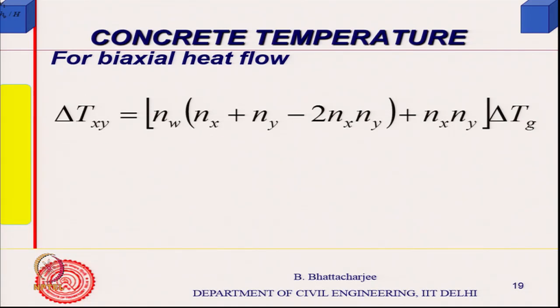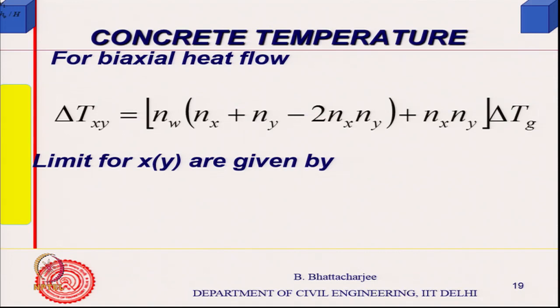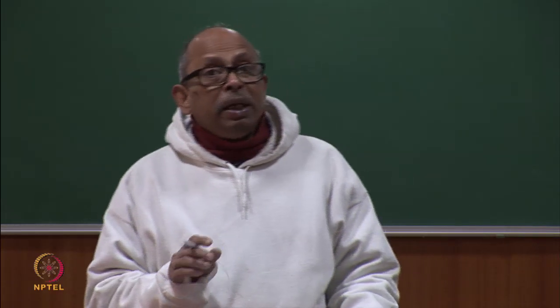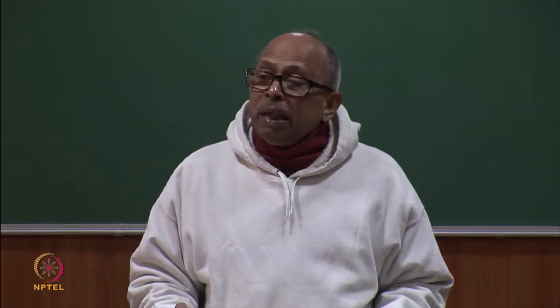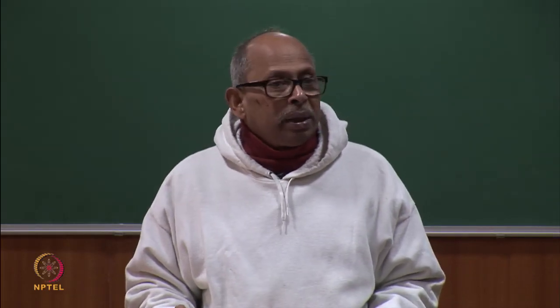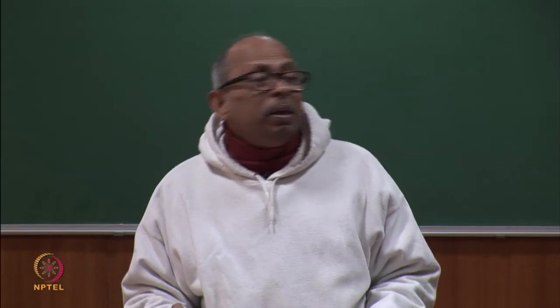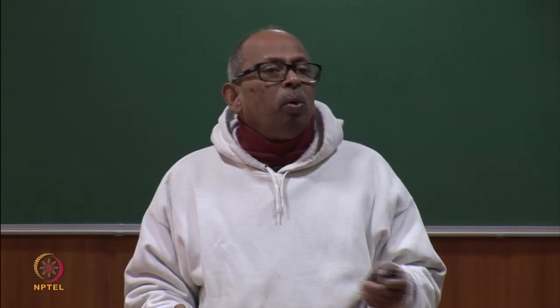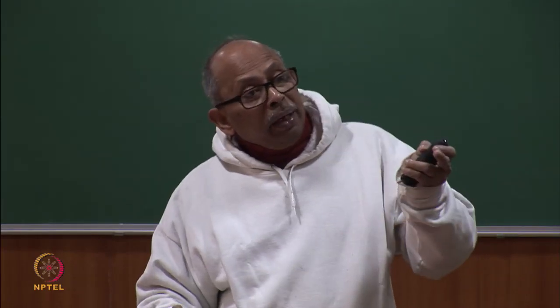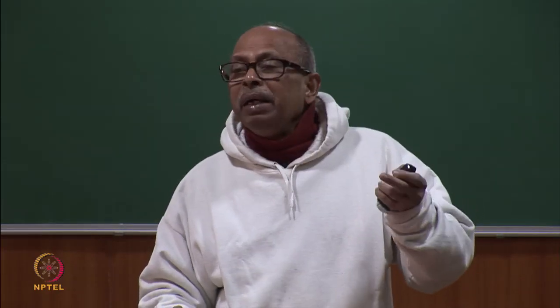So, the formula becomes something like this, but there is one problem: the formula is valid only for certain cases, because it assumes the temperature on the other surfaces is not increasing and remains constant. That means fire temperature never reaches there. We assume one dimensional or two dimensional heat transfer, and the other boundary is constant at ambient temperature.